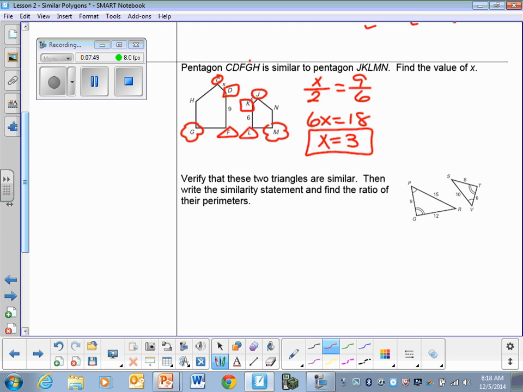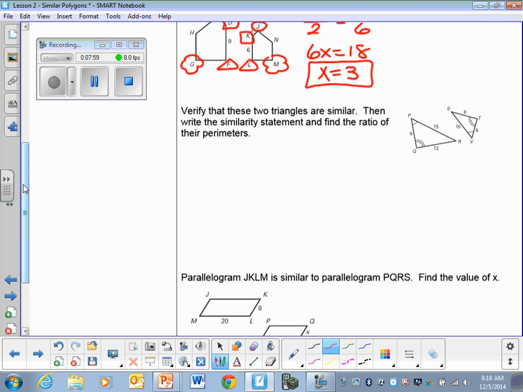Simply solve the proportion. Verify similar triangles, then write a similarity statement and find the ratio of their perimeters. Alrighty, so first off I have to have 3 pairs of congruent angles. I do have angle P congruent to angle B, and angle Q congruent to angle T. Can I say angle R is congruent to angle S? Yes. Third angles theorem.